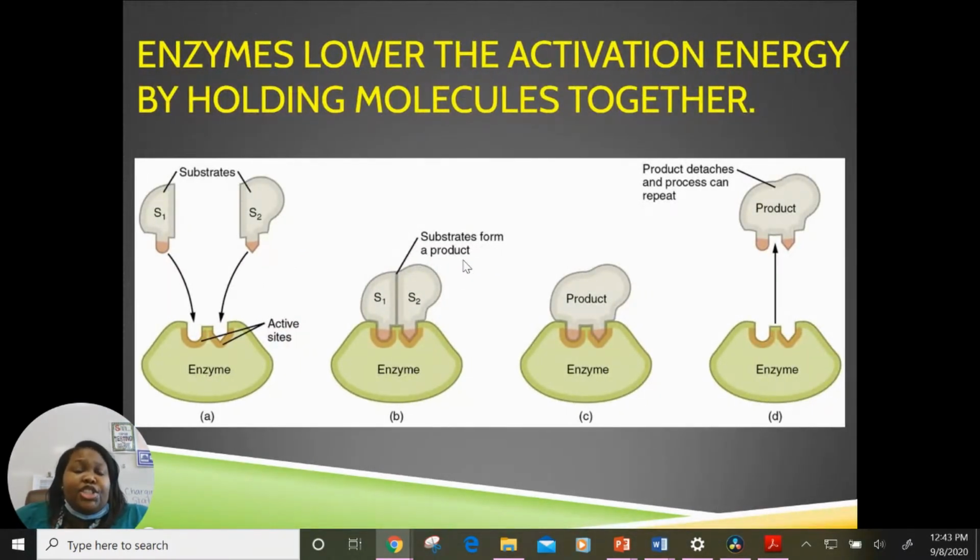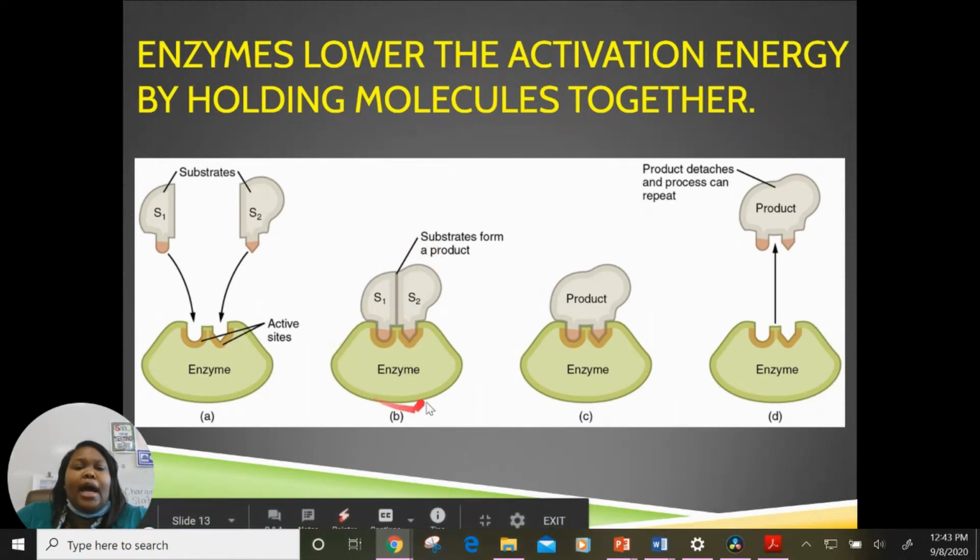So here's a picture that shows an enzyme at work. At first we start with a substrate or a reactant, two reactants. We're going to put them in the enzyme at the active site. That's the place where the substrate goes. And we're going to bind them together into an enzyme-substrate complex.